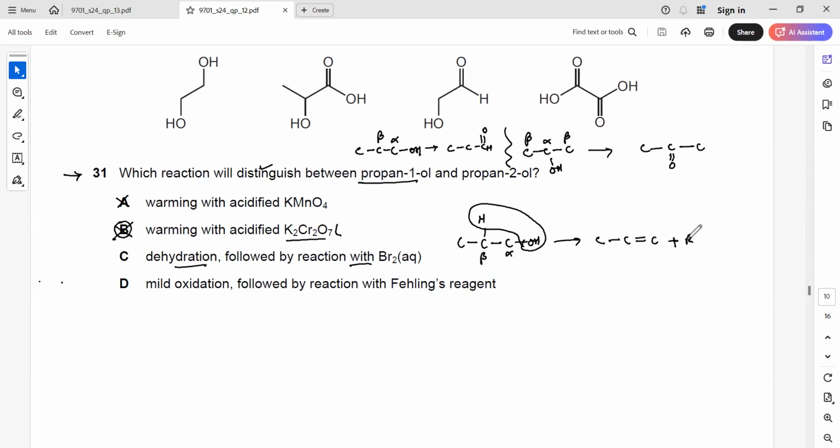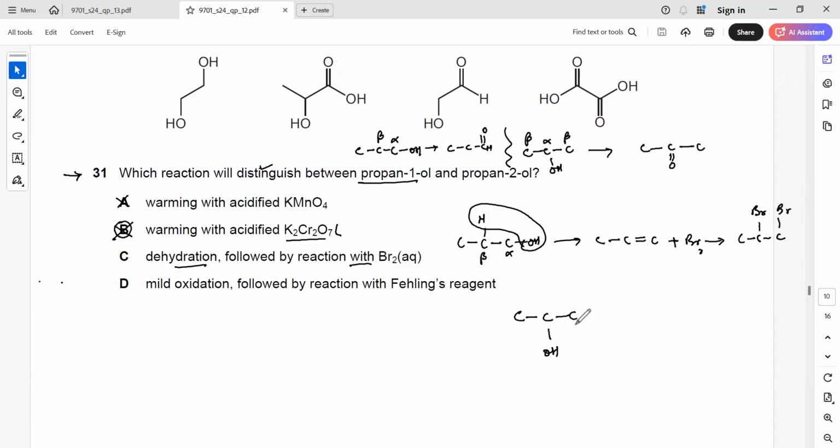If Br2 reacts with it, that will definitely give us 1,2-dibromopropane. Is it clear?